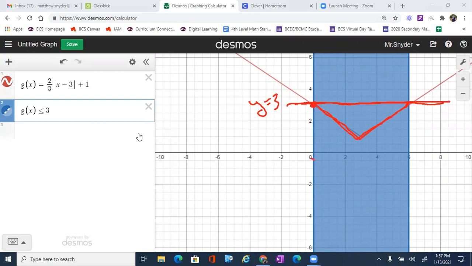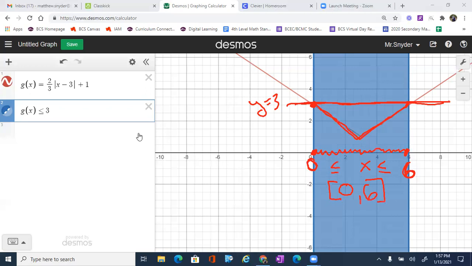That is at 0 and at 6. Notice this is what we just graphed out after we solved algebraically. It's a closed dot, shaded in between. So that means 0 is less than or equal to x, which is less than or equal to 6, or in interval notation, 0 to 6.